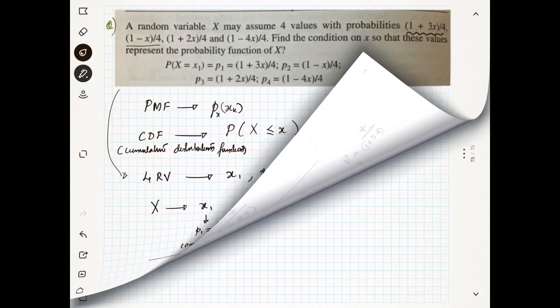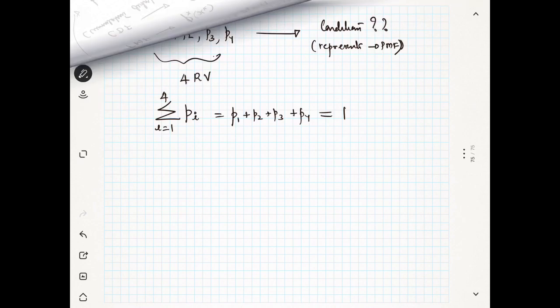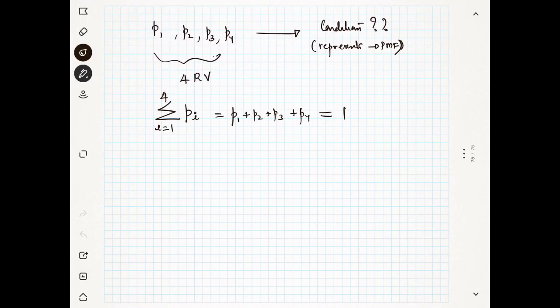Now what is the question? Find the condition on x, so that everything represents a probability mass function.